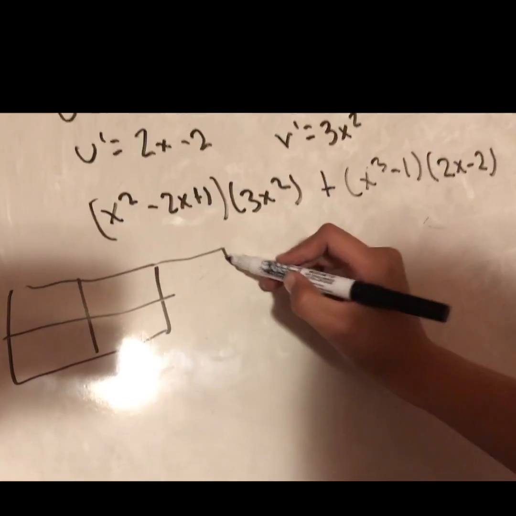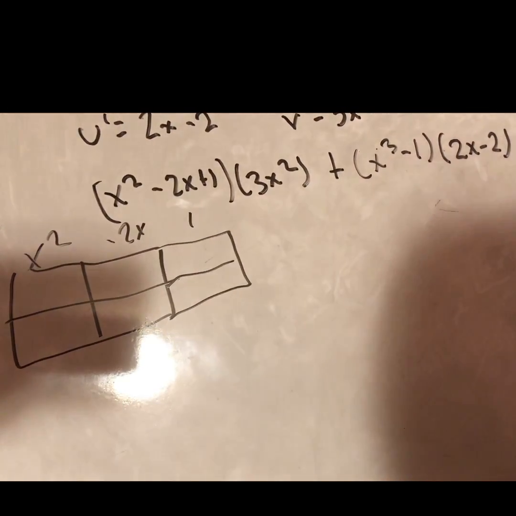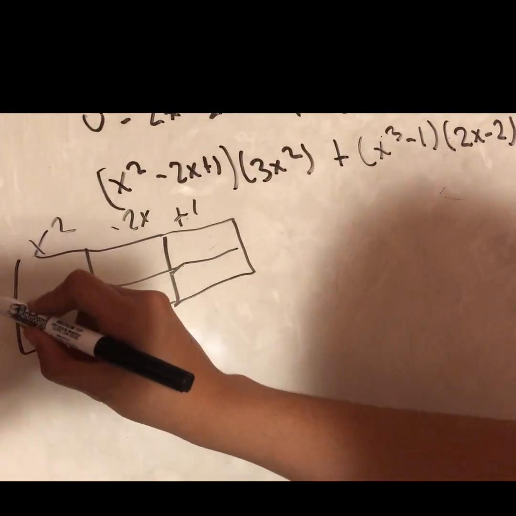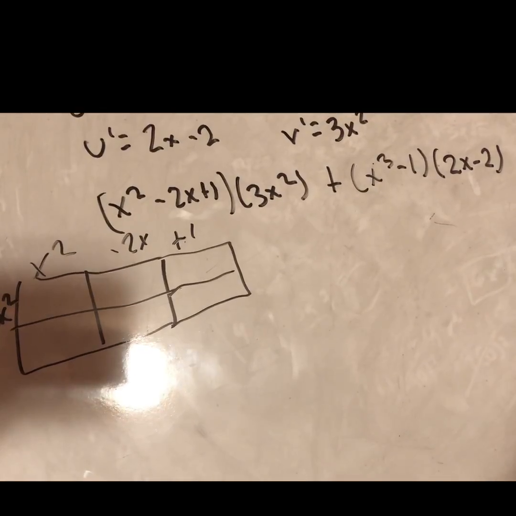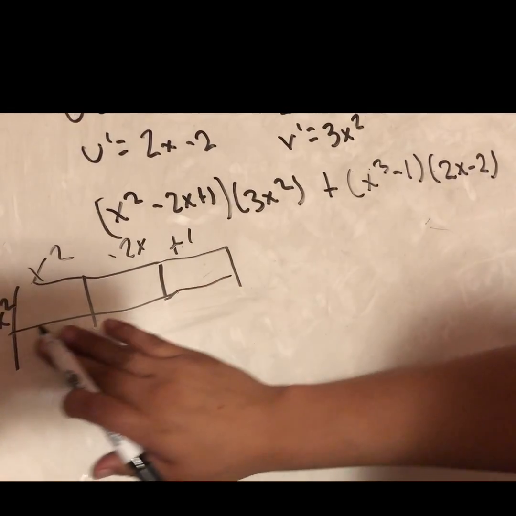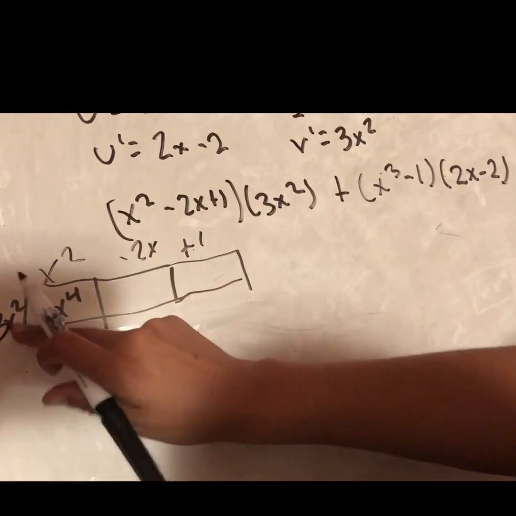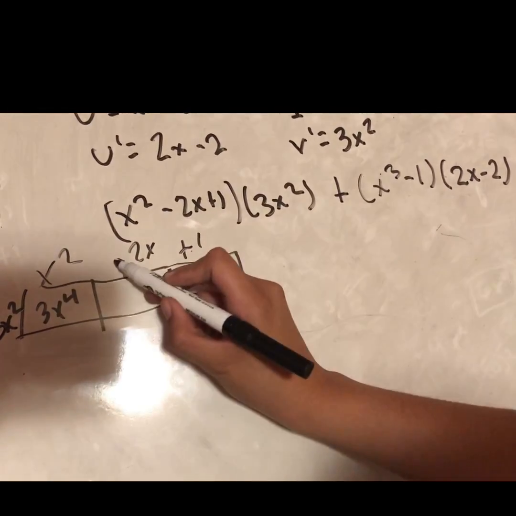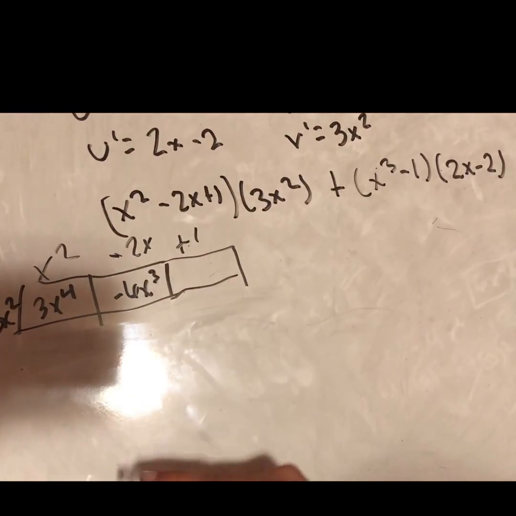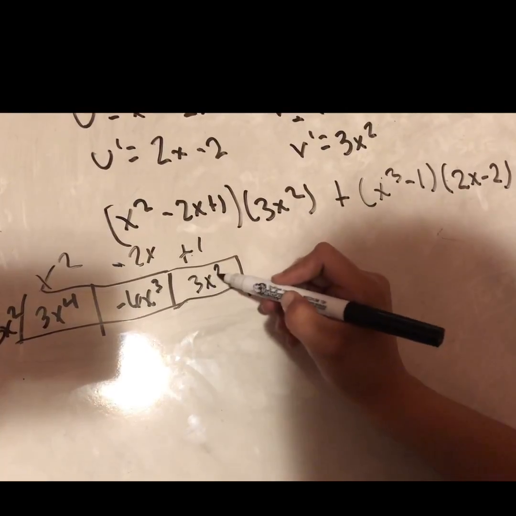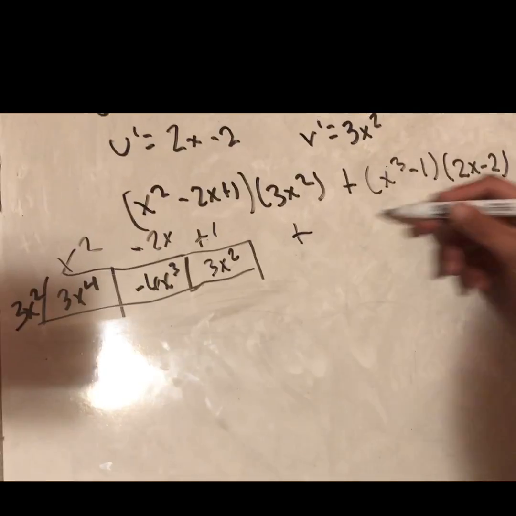It's actually going to be 3 squared for this one. So it's going to be x squared minus 2x plus 1 and 3x squared. It's going to be 3x to the power of 4 since you add your exponents. And then it's going to be negative 6x cubed since you add your exponents again. And it's going to be 3x squared. So you're going to have that plus whatever you get for this one.